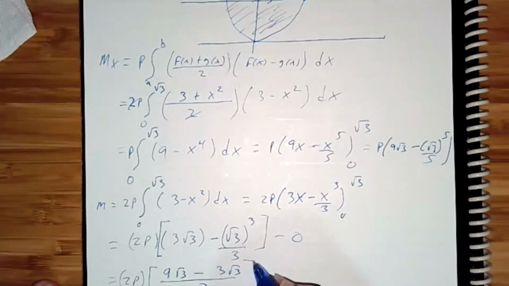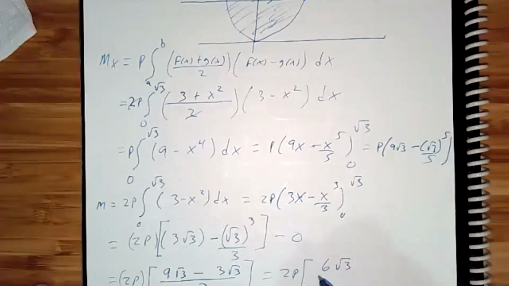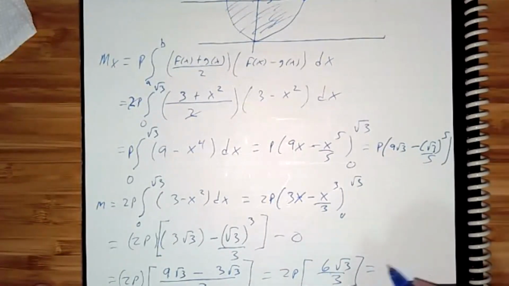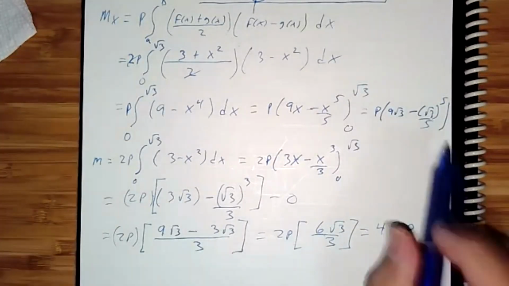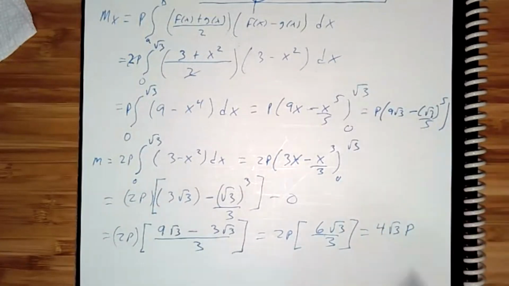That's how we combine them, which will give us 2 rho times 6 root 3 over 3, which gives me 2 times that. This reduces to 2 times another 2, that is 4 root 3 rho. Oh man, this root 3 sucks. Okay, so that's my m.